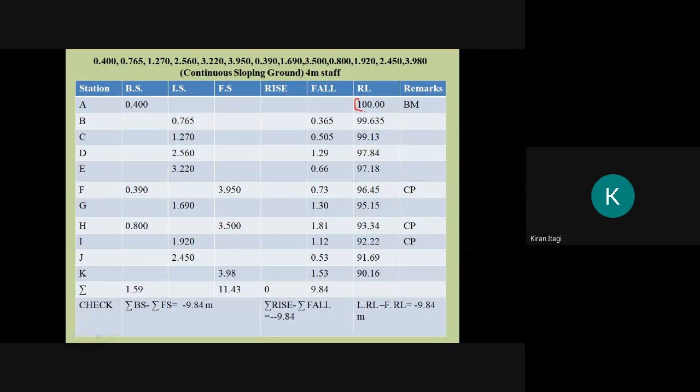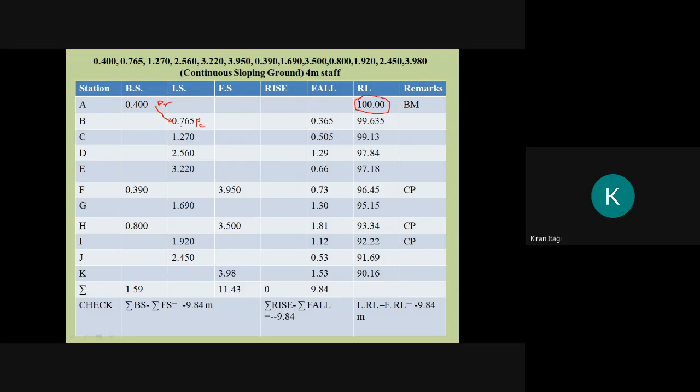Now here he will give some RL. So what you have to do? It is very simple. Just go in a diagonal way, that is the previous one and the next, preceding one. This is the previous one, and this is the preceding one, that means the very next one.